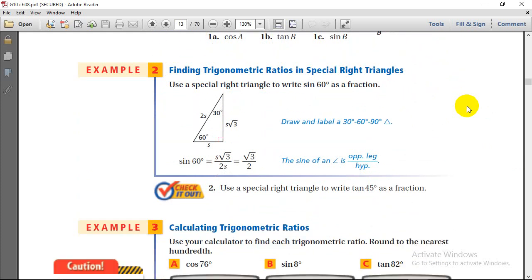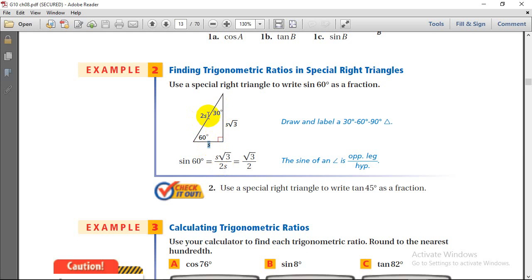I have here special trigonometric ratios in the right angle triangle. If this triangle has 60 and 30 degree angles, then I have a special case here. The hypotenuse is 2s, and the side opposite to the 30 degree angle is half the hypotenuse.